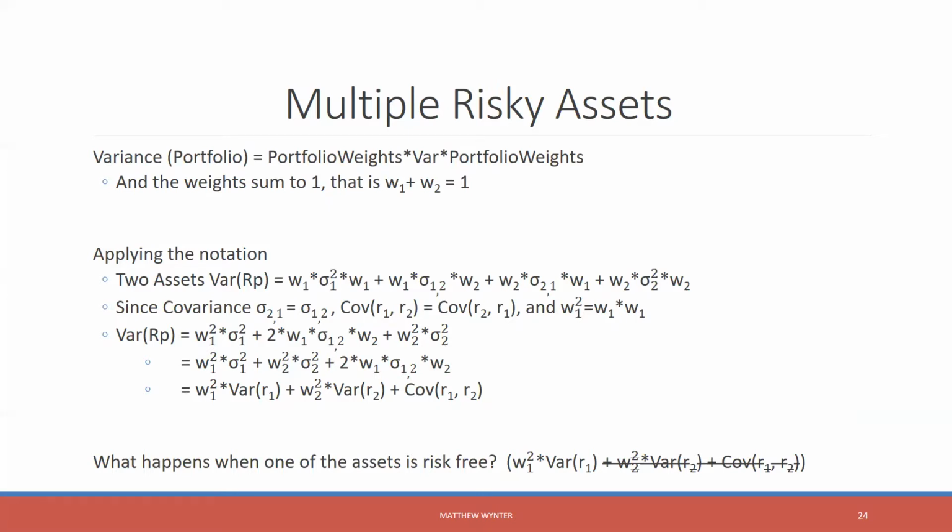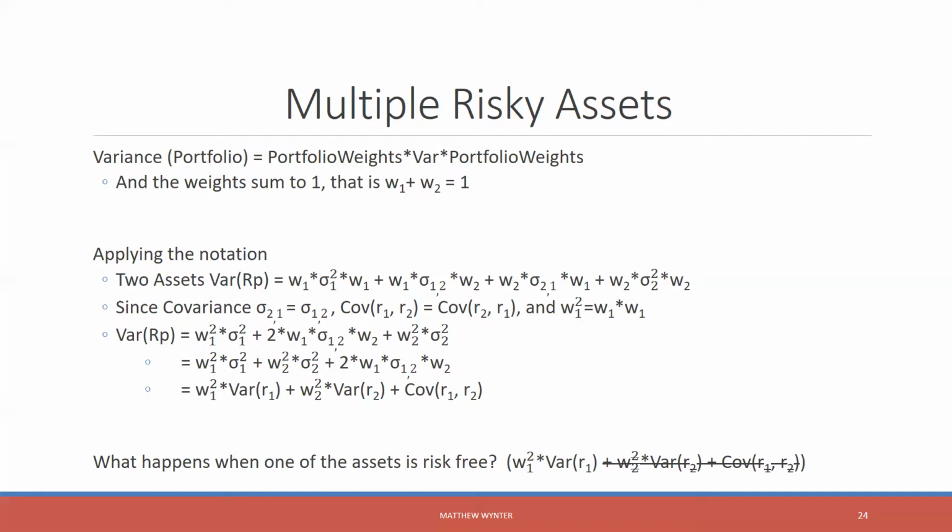We've got the weight of asset 1 multiplied by the covariance of asset 1 and asset 2 multiplied by the weight of asset 2, the weight of asset 2 multiplied by the covariance of asset 2 and asset 1 multiplied by the weight of asset 1, and then the weight of asset 2 multiplied by the variance of asset 2 multiplied by the weight of asset 2.